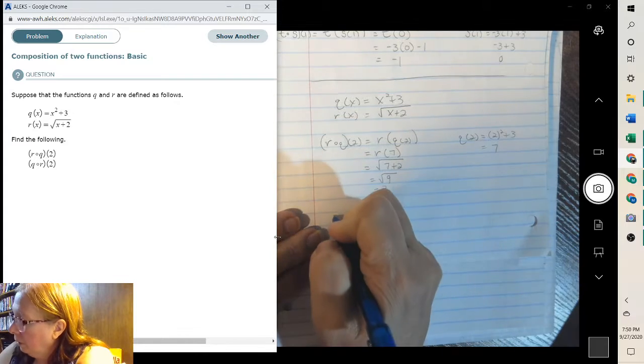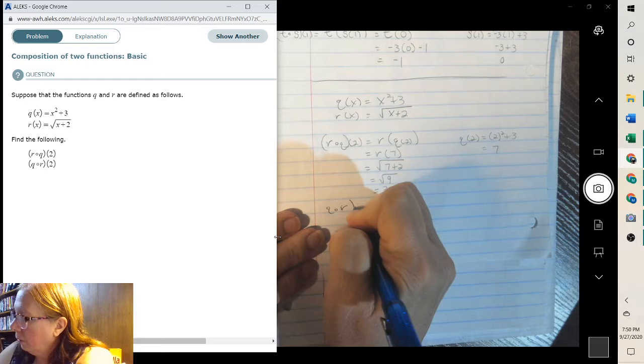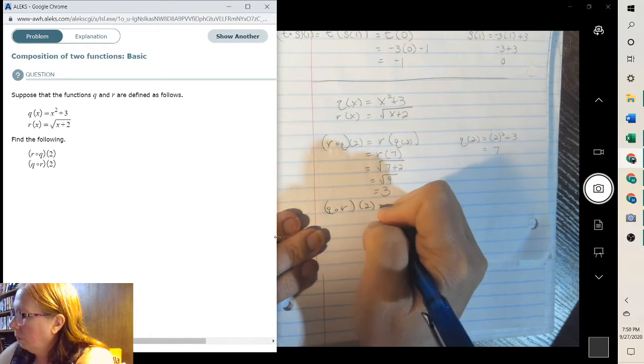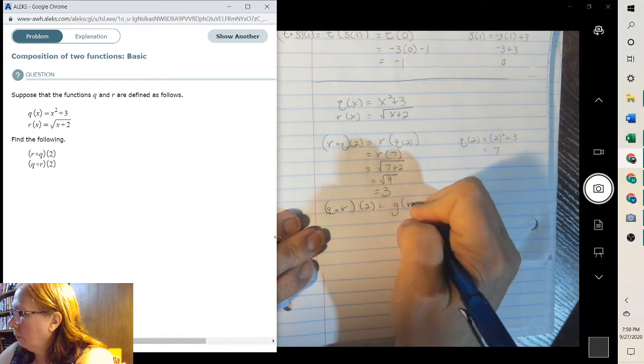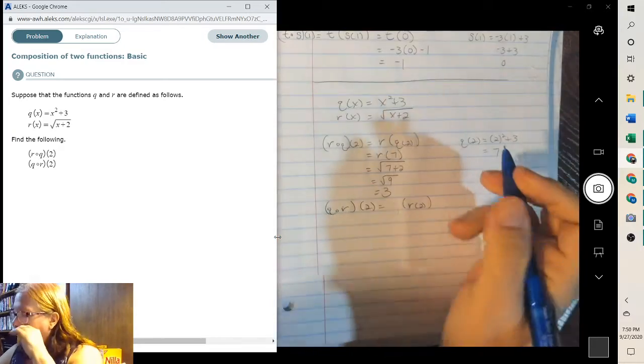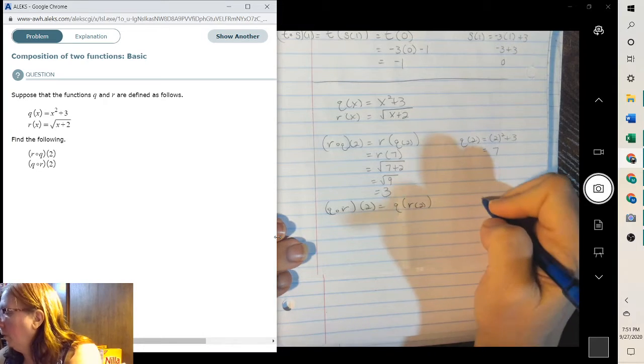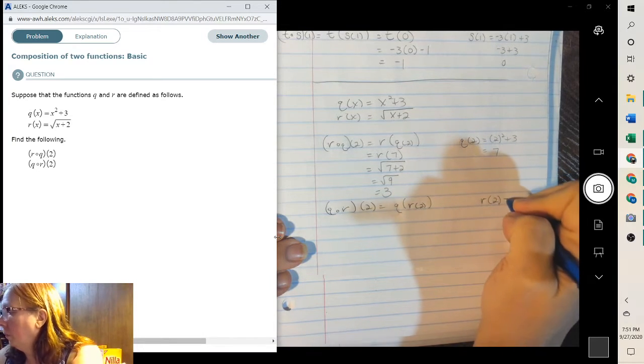The other way, the composition q of r of 2. So they want q of r of 2, so we need to find r of 2.